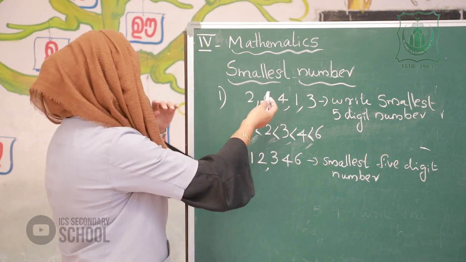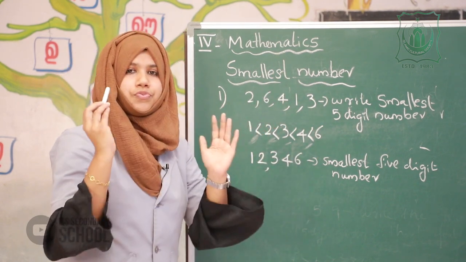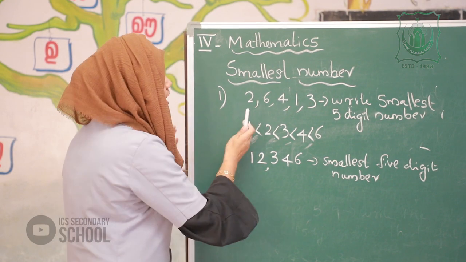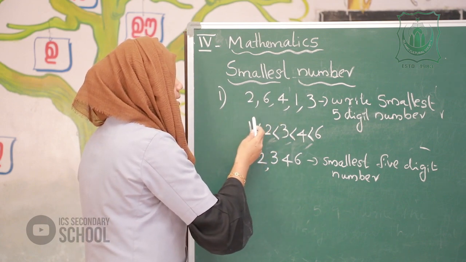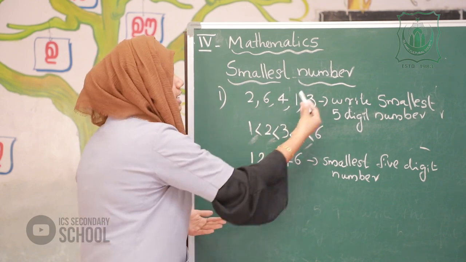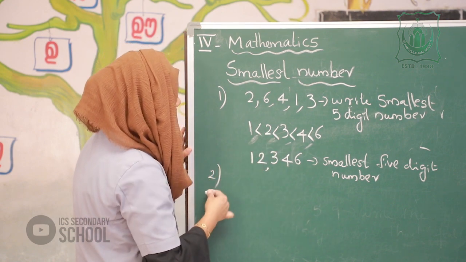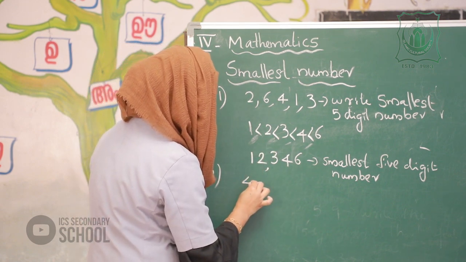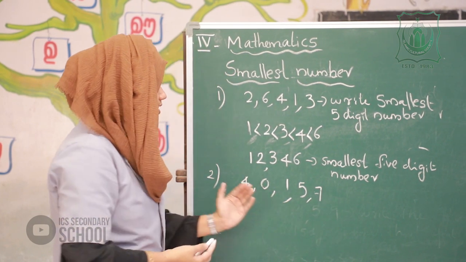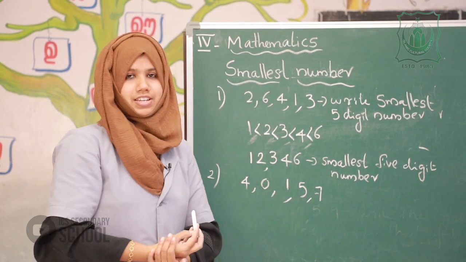Okay, you got it. So to form the smallest number by given digits, first you write the smallest digit, then the following numbers in increasing order. I have another example. These are the digits 4, 0, 1, 5, 7.